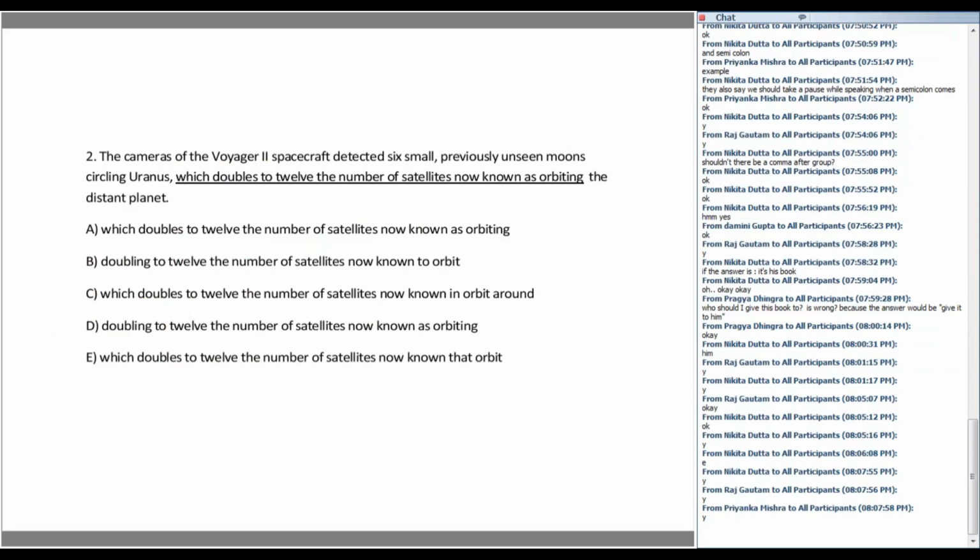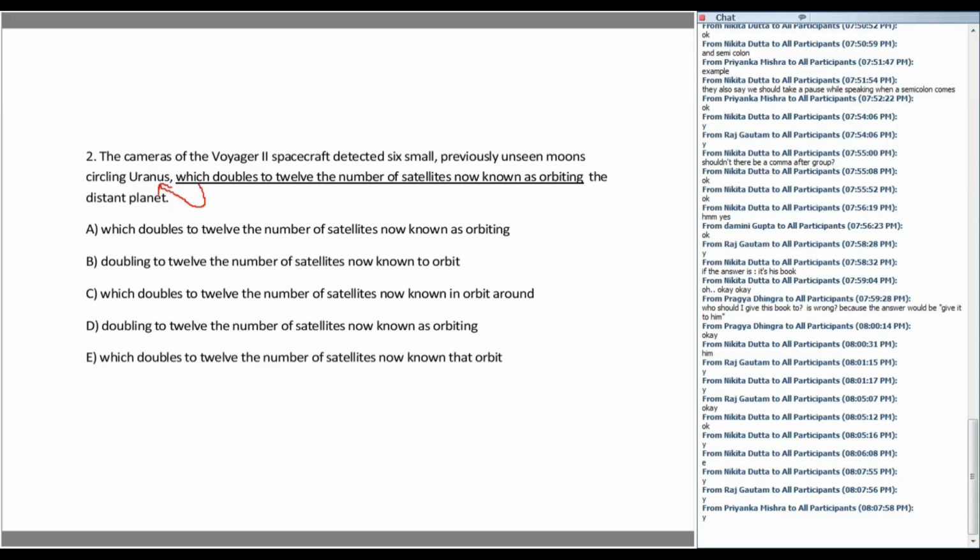Question number 2. The cameras of the Voyager 2 spacecraft detected 6 small, previously unseen moons circling Uranus, which doubles to 12 the number of satellites now known as orbiting the distant planet. Again, the word which should describe Uranus.